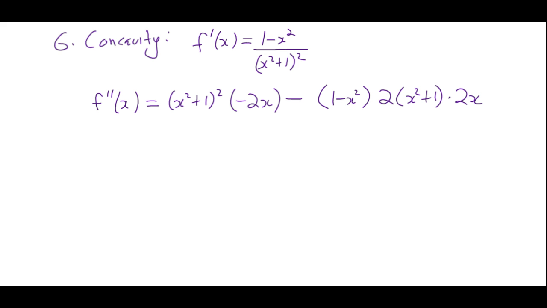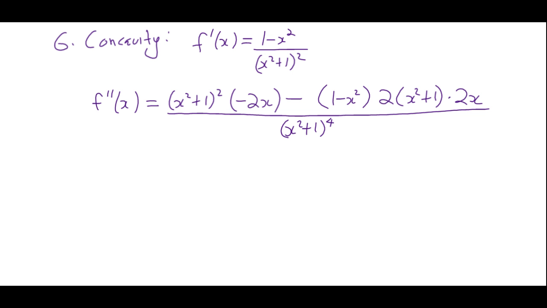The derivative of the denominator is 2 times this, and then the derivative of the inner function, chain rule, times 2x, all over (x squared plus 1) to the 4th. Okay, and now we're going to simplify this, right? Hopefully it simplifies, because we have to work with this.